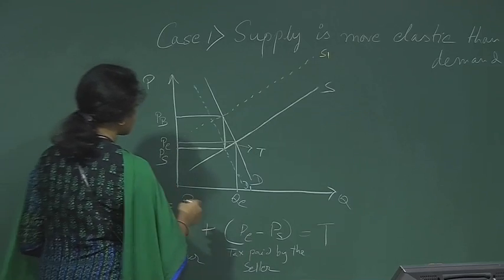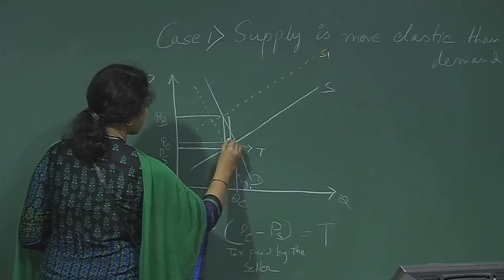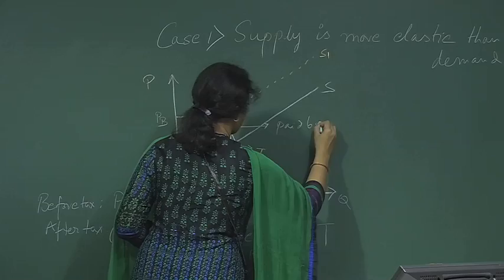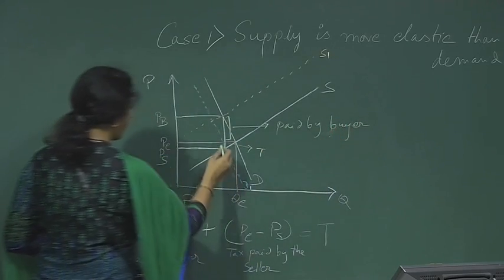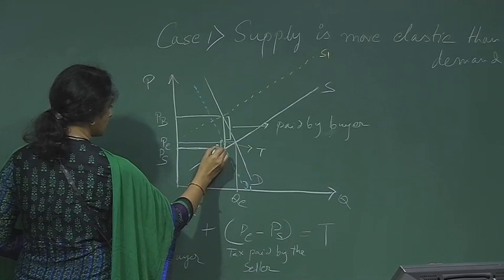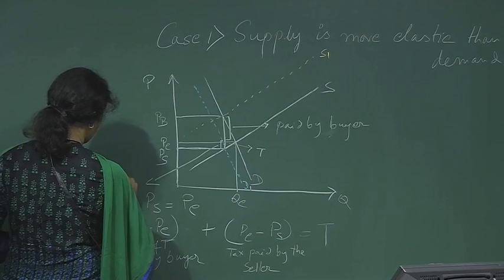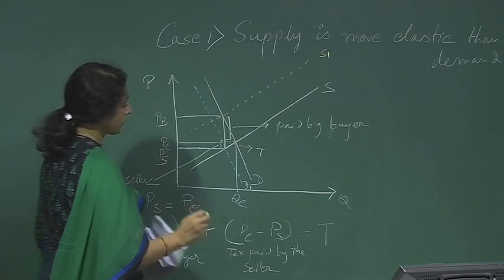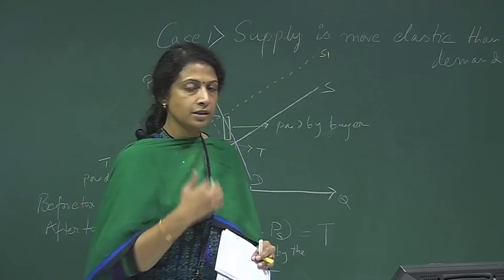So here we can clearly see that this is the amount of tax paid by the buyer, and this is the small amount of tax paid by the seller, or a more correct way of saying it is the incidence of tax that falls on the seller.